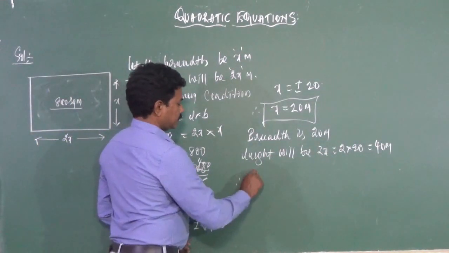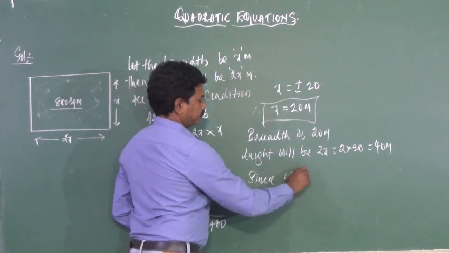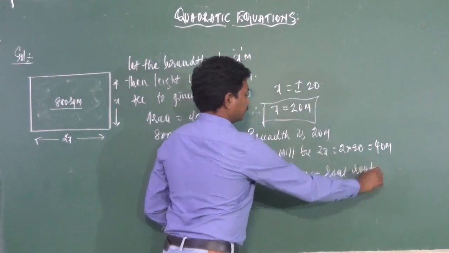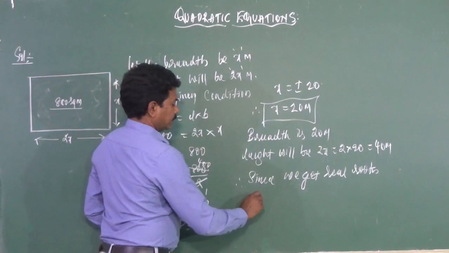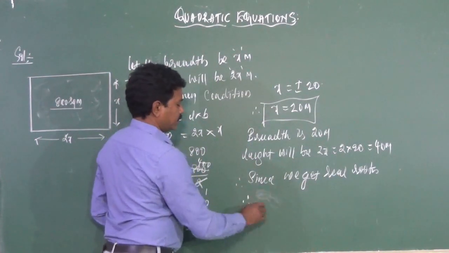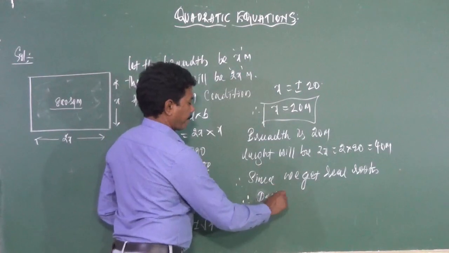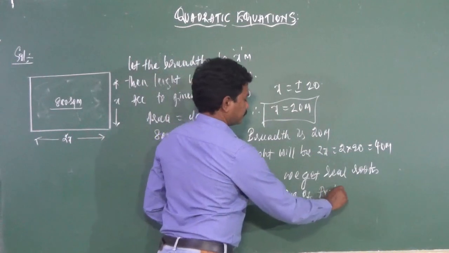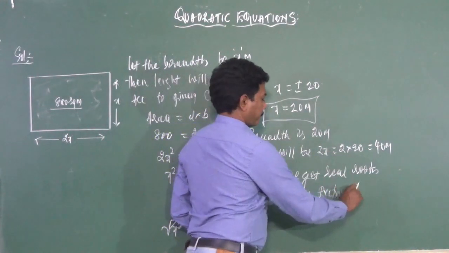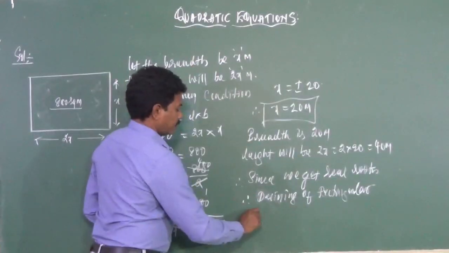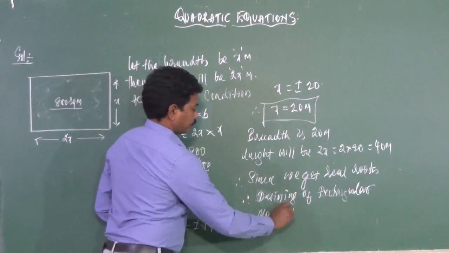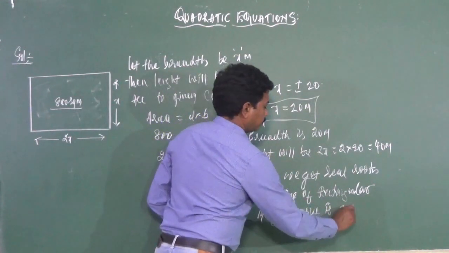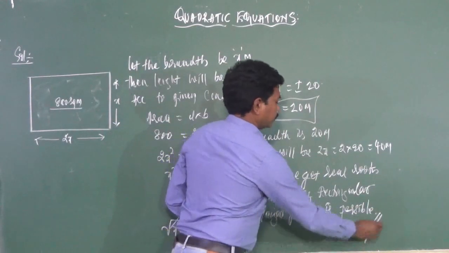So since we get real roots, therefore designing of the rectangular mango grove is possible. Okay. Right. This is how we have to conclude.